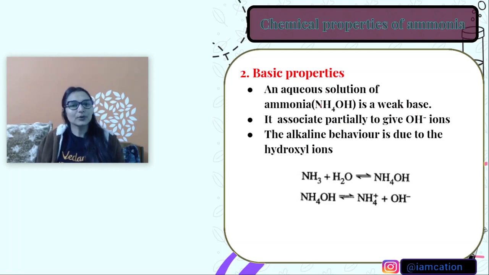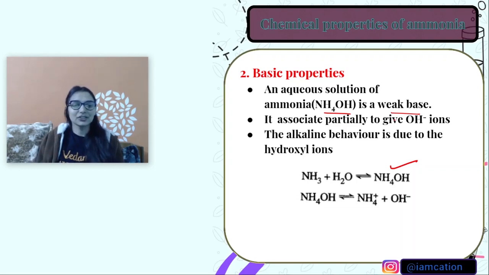An aqueous solution of ammonia is a weak base. I told you, we did the same reaction a little while ago. The way you make the aqueous solution of ammonia, you take ammonia and dissolve it in water, and you get ammonium hydroxide. Now that is a weak base.